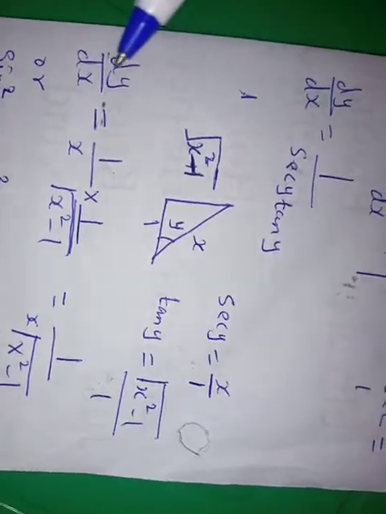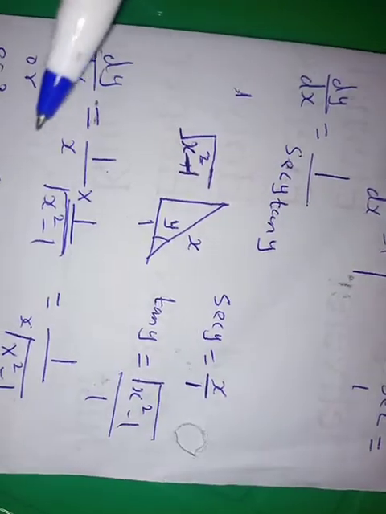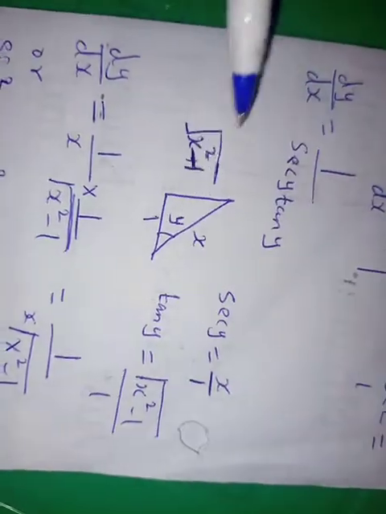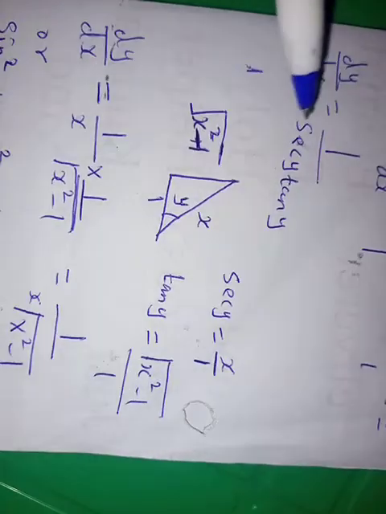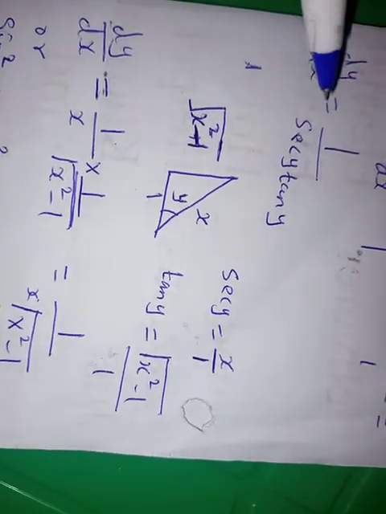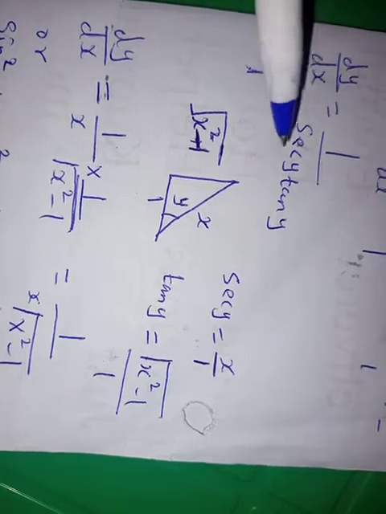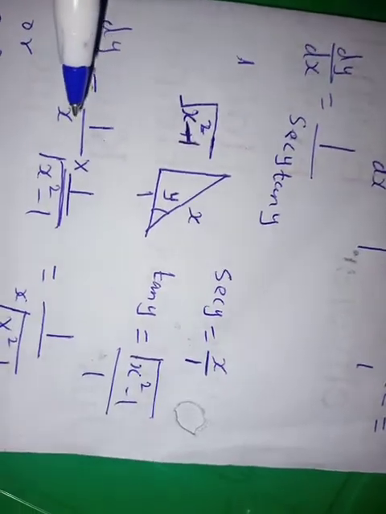Then dy over dx is equal to 1 over sec y, and sec y is x. We are substituting in this equation here. Then times 1 over tan y.